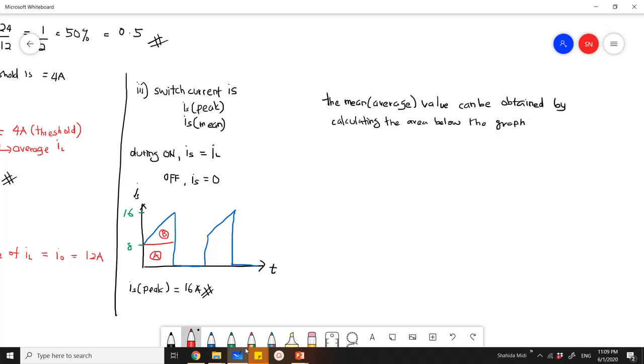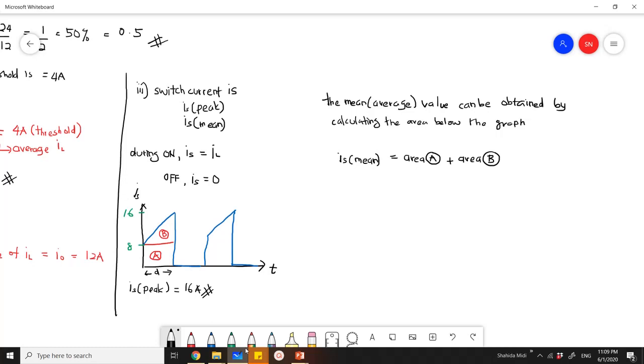Okay, so IS mean is equivalent to area A plus area B. So for that we are going to need this width over here, so that will be D. Okay, so that's all we need.